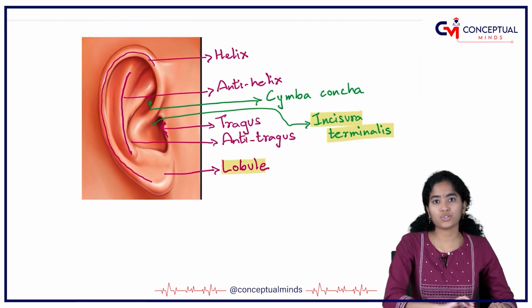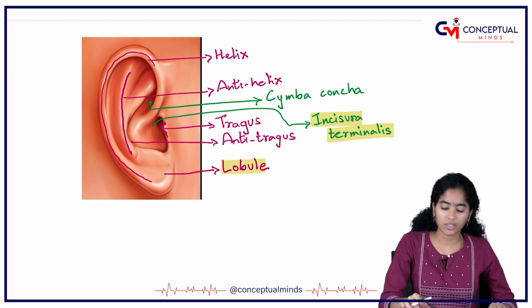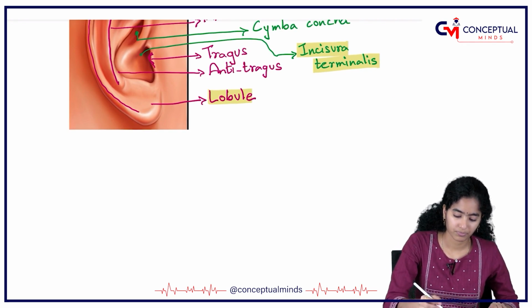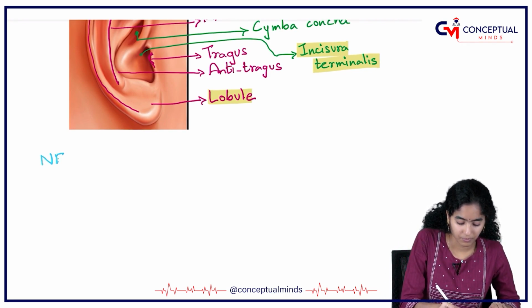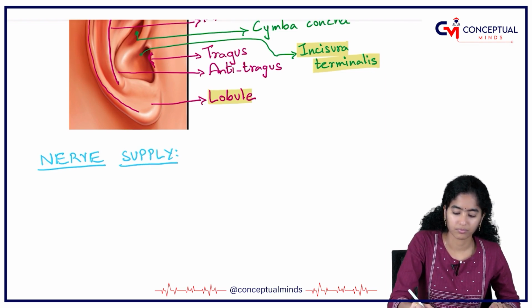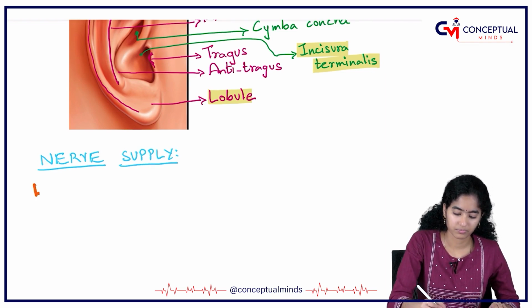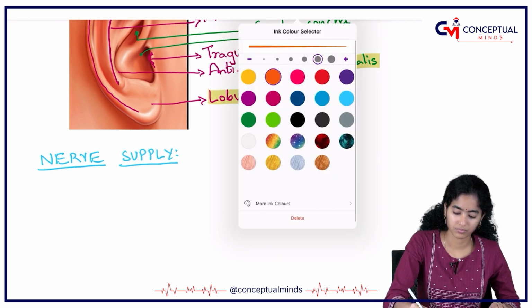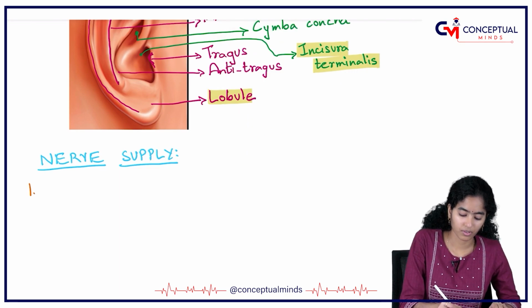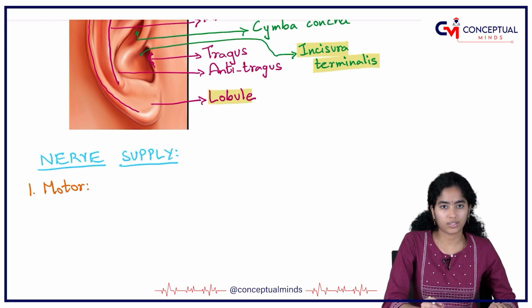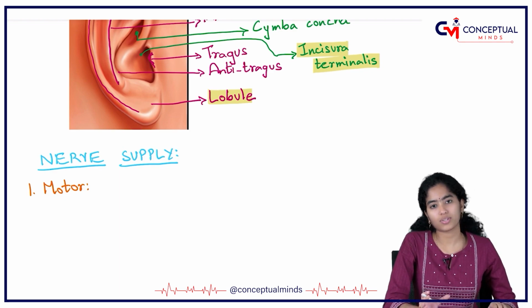Now after having understood the various parts of the auricle, let us look into its nerve supply. Nerve supply consists of motor and sensory. There are a few muscles in the auricle, intrinsic muscles and extrinsic muscles.